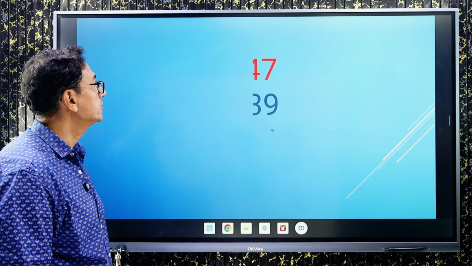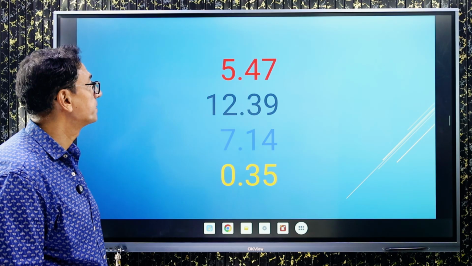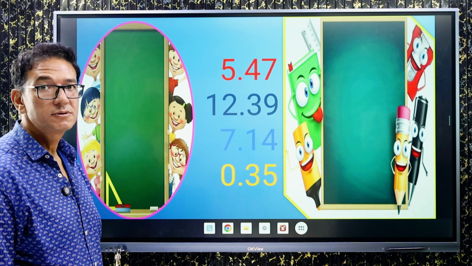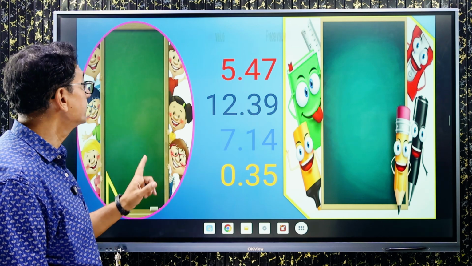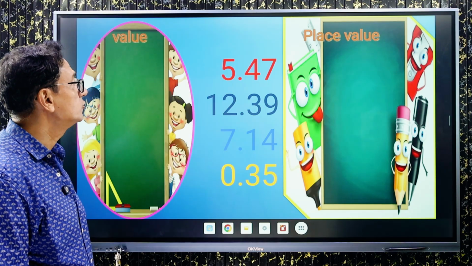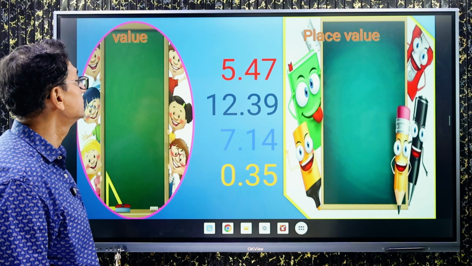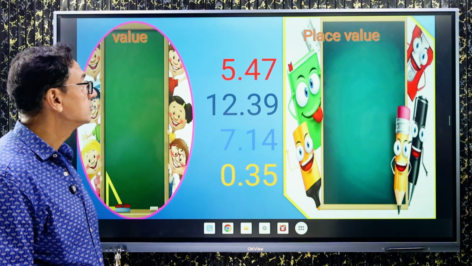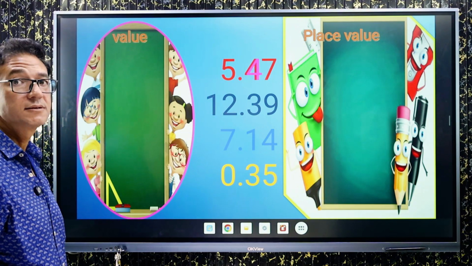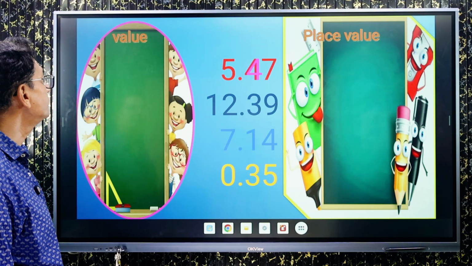Let's do this exercise. For each number, we want to get the value and the place value for the colored digit. The first one, 4, its value is 0.4.